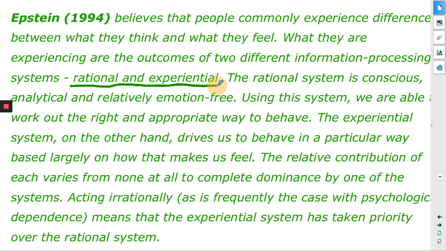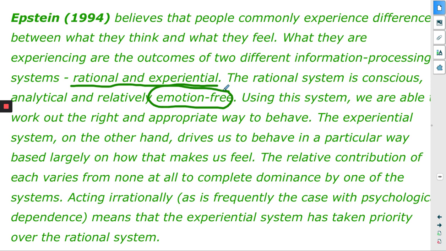In the rational system, this is emotion free. So we take maybe a behavior that could turn out to be a problem. I might be thinking, okay, it's a Friday evening, I've had a long week, maybe I should crack open a can of lager.